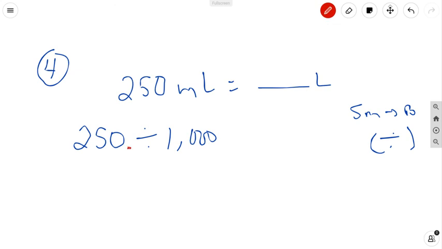Even though we don't always write it, it's there. So because there are 3 zeros in 1,000, I'm going to move to the left 1, 2, 3 times. My decimal goes in front of the 2 now. So my new number is 0.250 or 250 thousandths. Okay.